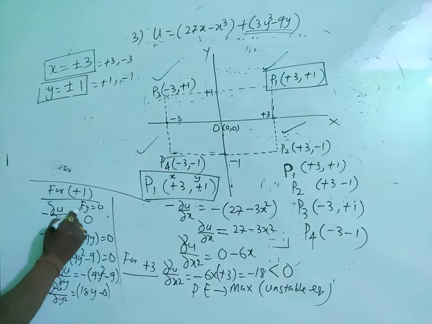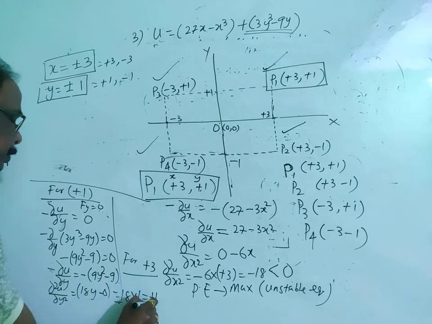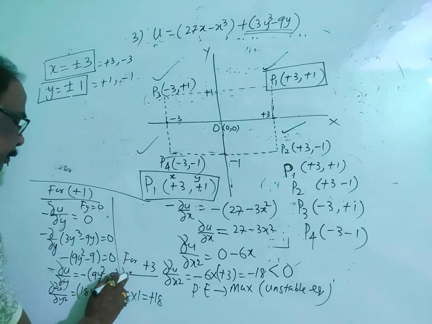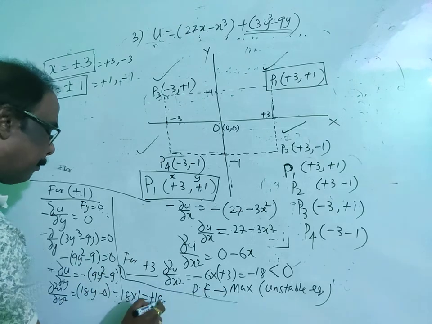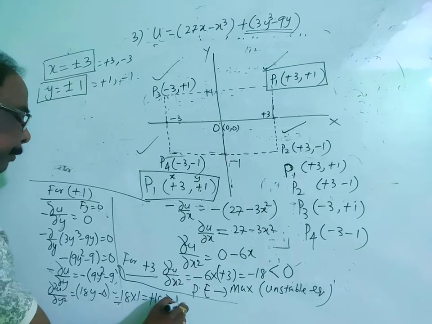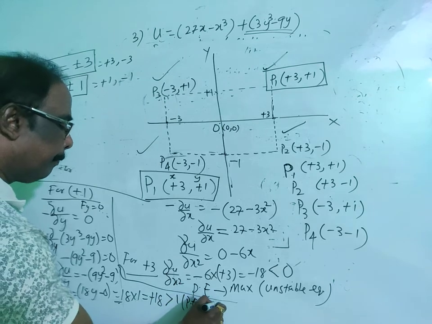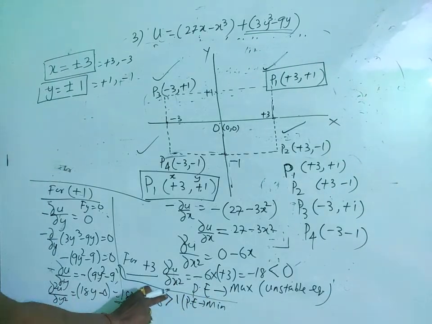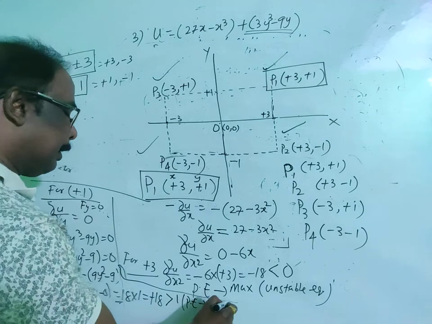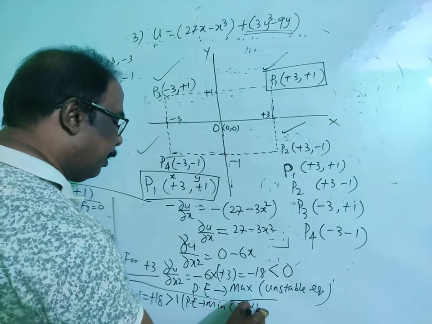Here y is 1, so we get 18 into 1, which is equal to plus 18. This is a separate part, plus 18. Plus 18 is greater than 0, which means potential energy is minimum. If d square u by dy square is greater than 0, potential energy is minimum, and this shows a position of stable equilibrium.